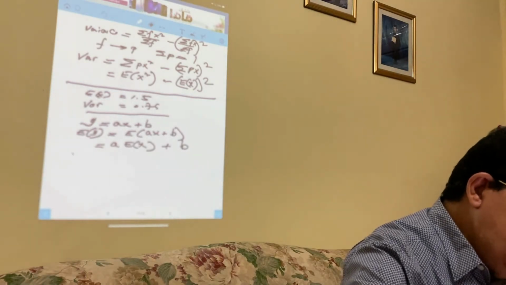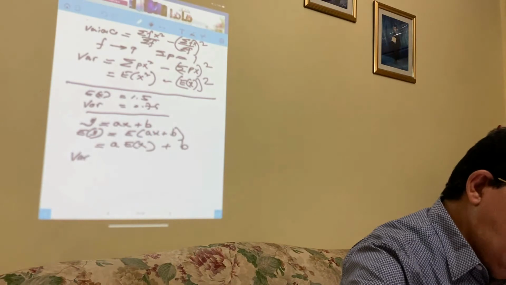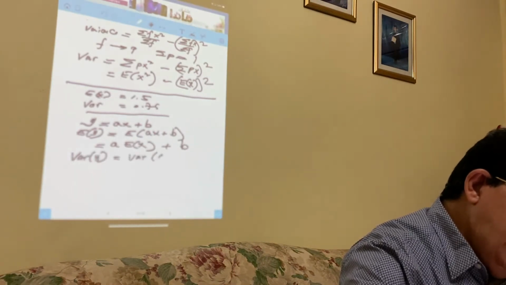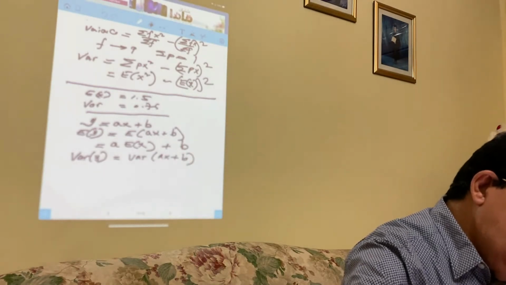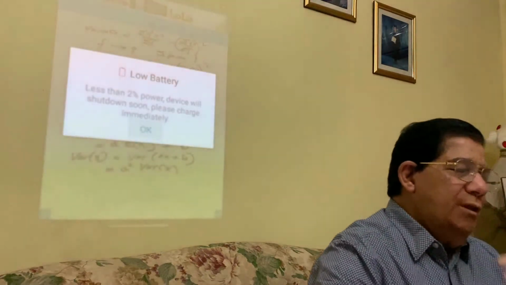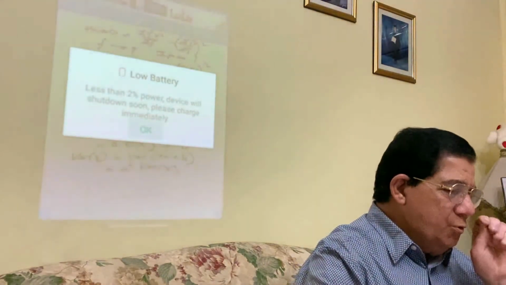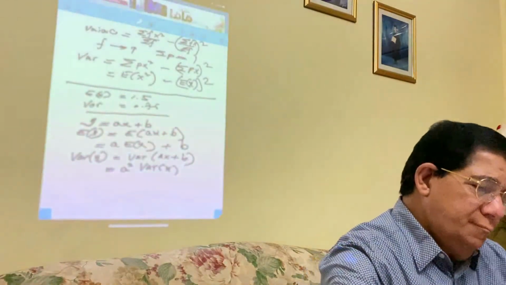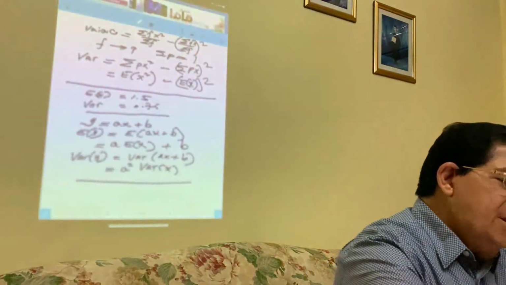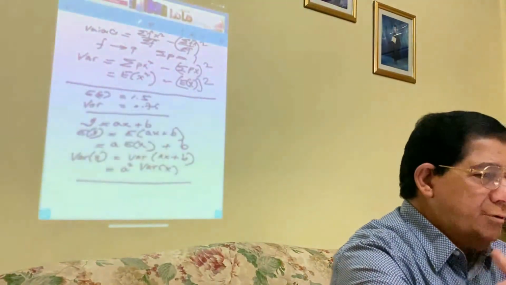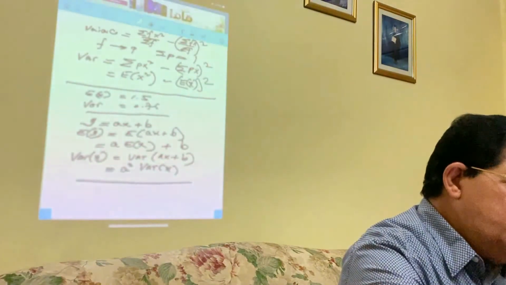And again, if I asked what is the variance of y, meaning the variance of ax plus b, the answer is a squared times the variance of x. Therefore, you apply these rules whenever you have questions like this. This covers everything you are going to be asked for this new topic.